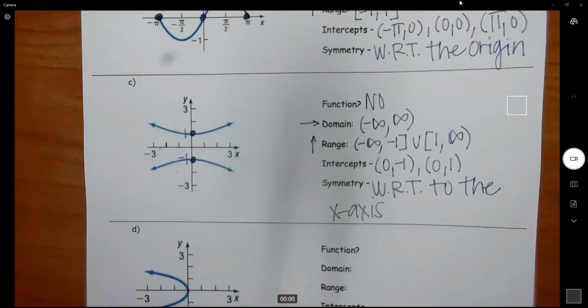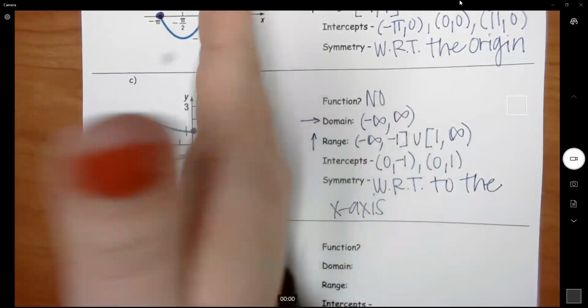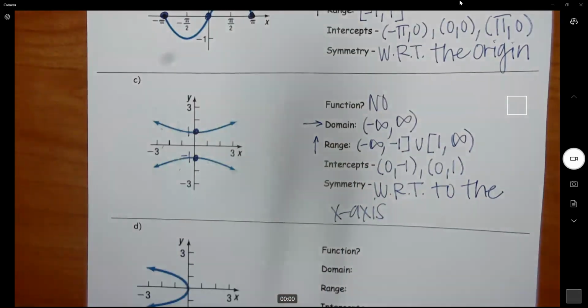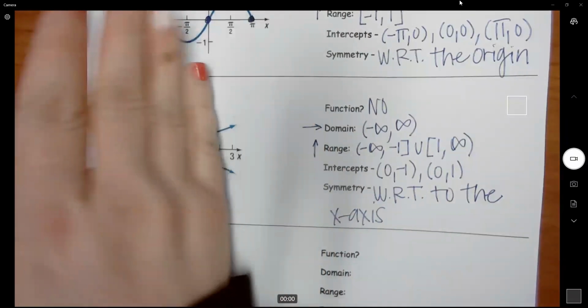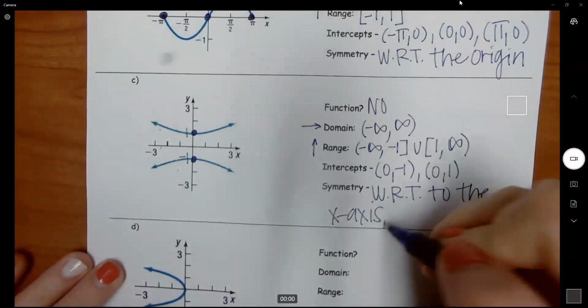Don't stop there because you can have multiple kinds. What about if I reflect this along the y-axis? Is this going to land on top of each other? Yes, it is. When I flip this, this lands perfectly on top of the other half of my graph.